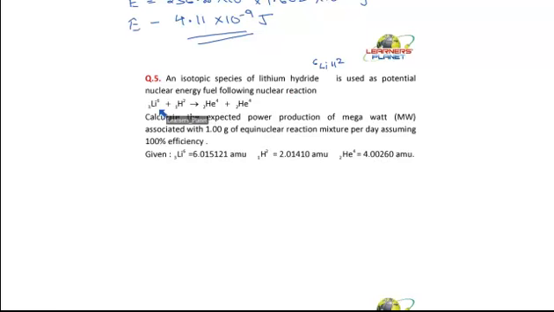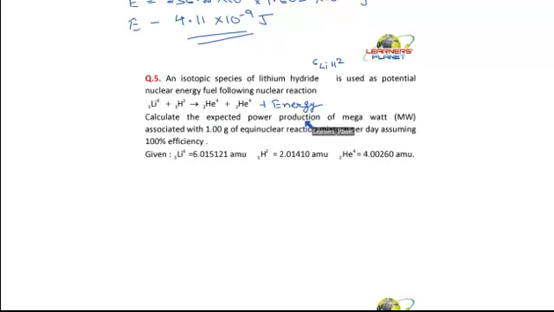reaction. That is, your Li combines with hydrogen, that is your deuterium, forming what? Helium, that is two atoms of helium. And of course with lots of energy, right? Now what you need to find out?